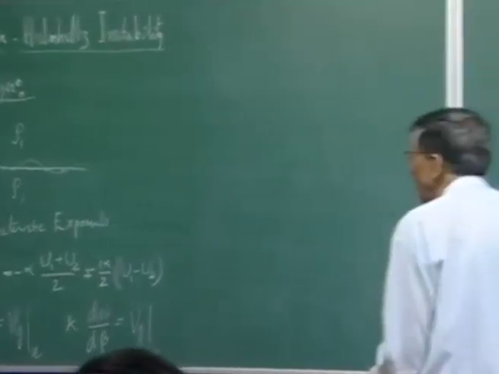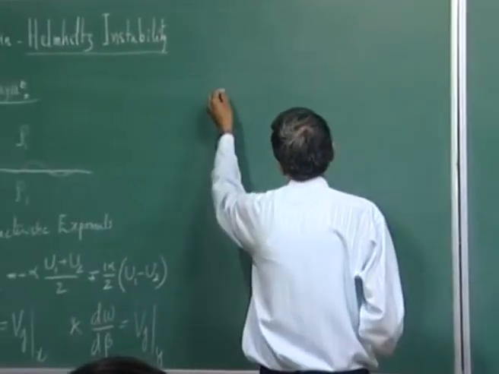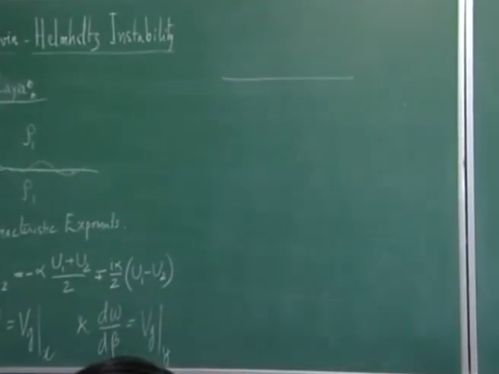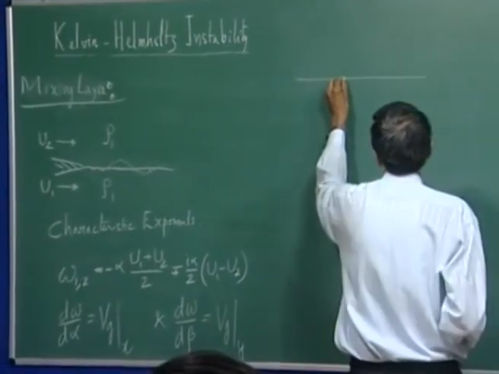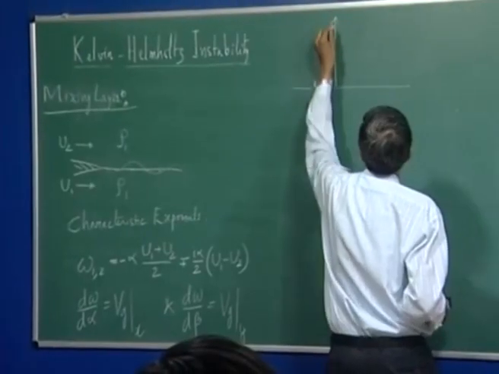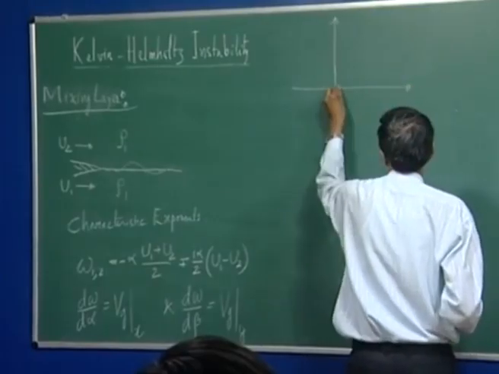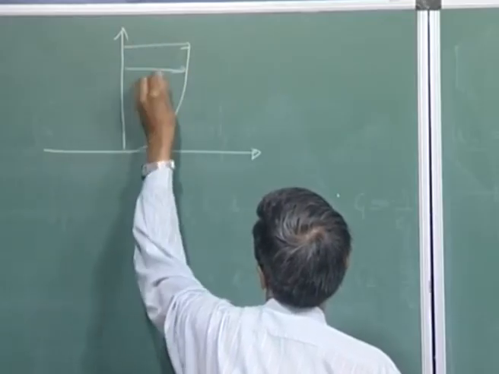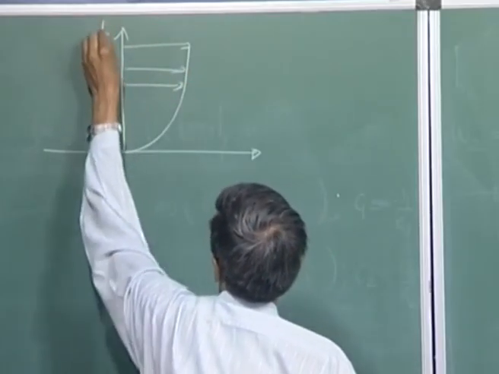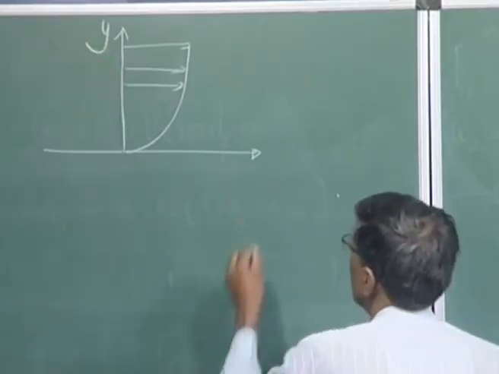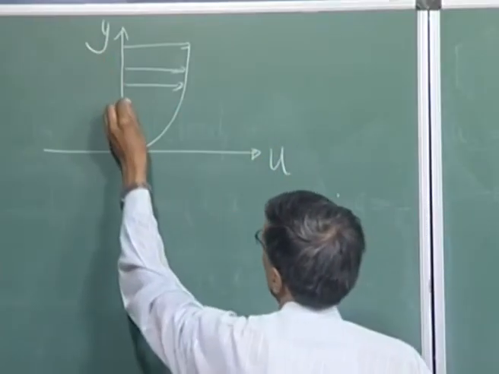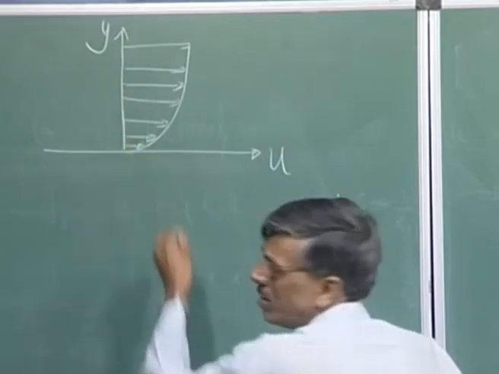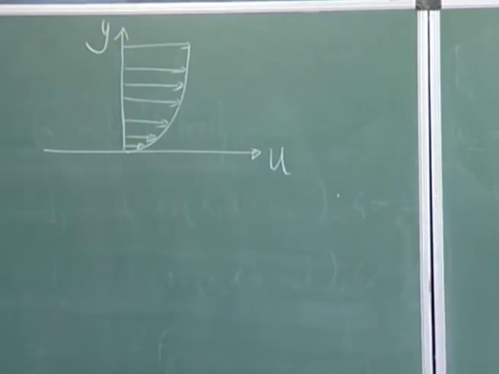So basically then we can study the flow field which has this detailed variation of the velocity profile given like this. So at different heights I am going to get this kind of velocity distribution. And what is the characteristic of this velocity distribution? That this has a built-in shear.